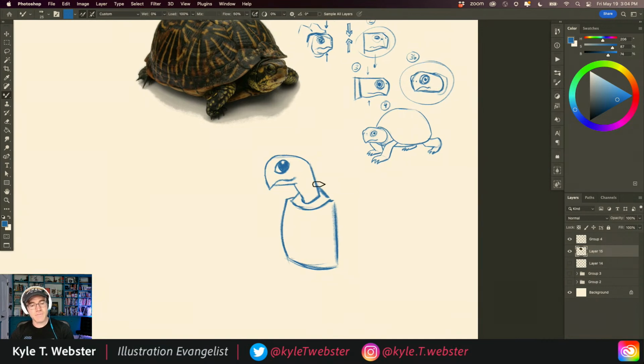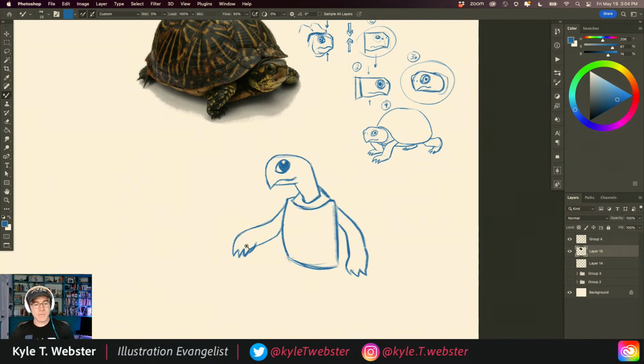Now I'm free to have those arms be a little bit longer here. So arm, 1, 2, 3. Arm, 1, 2, 3.